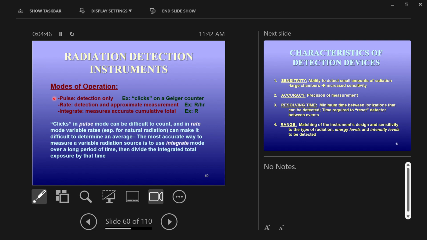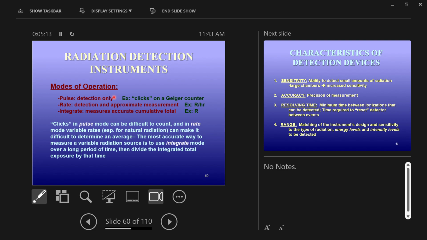Okay, so there's 3 ways that these devices are going to be able to do that, right? You've got pulse detection, okay, which is just detecting single events, right? Think of those as clicks on a Geiger counter, okay? Everyone's seen a movie sometime that had a Geiger counter, they waved it around some radiation area and it was clicking away, right? And in those movies, it was clicking, clicking, clicking, and then went crazy bananas when they went over one specific spot, right?